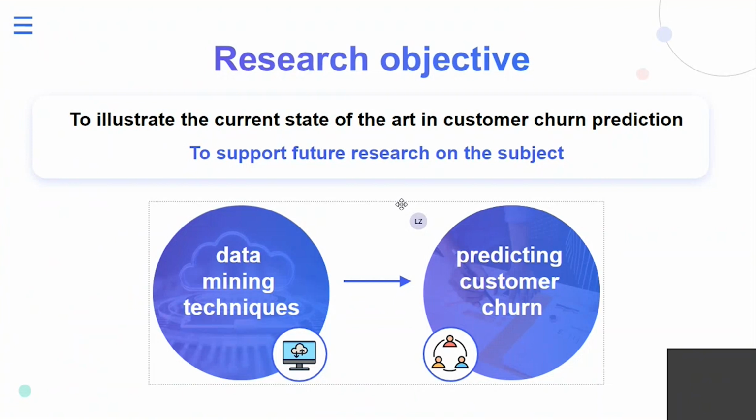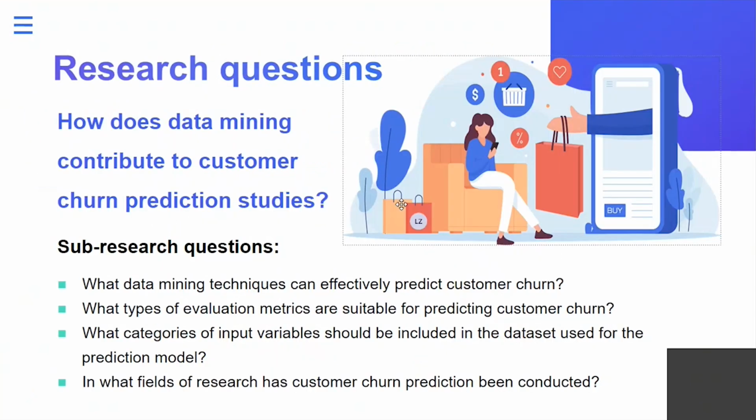So there remains a gap in the existing literature regarding the latest findings on the integration of customer churn prediction with data mining techniques. The objective of this research is to illustrate the current state of the art in customer churn prediction and support future research on the subject.